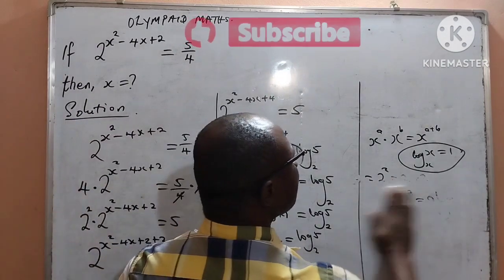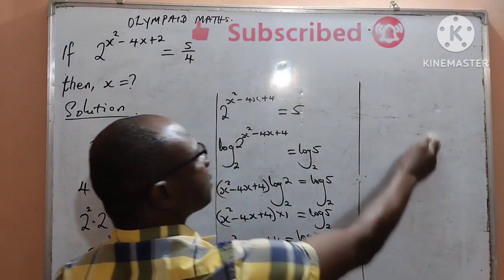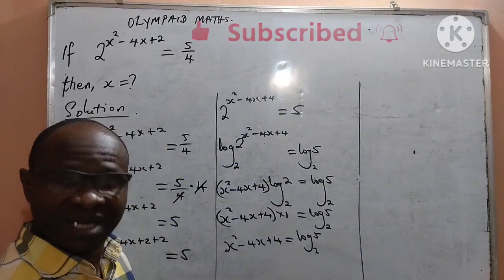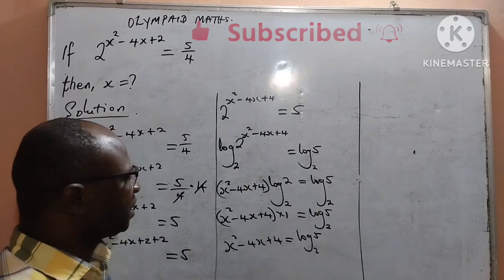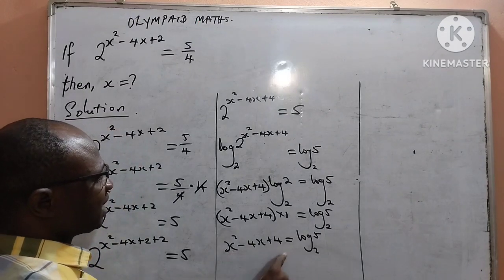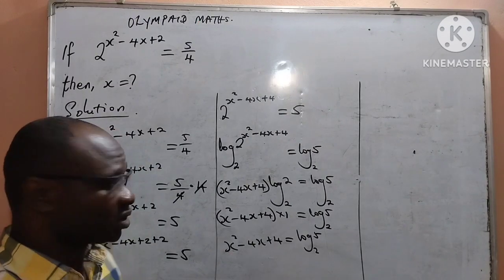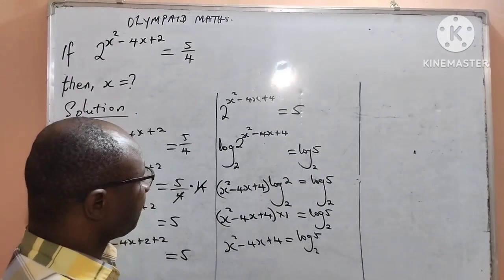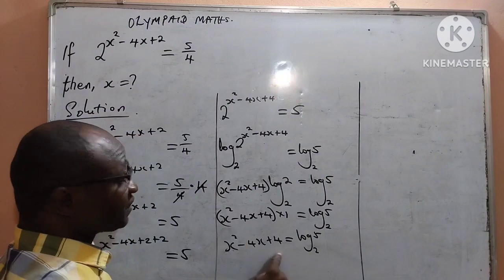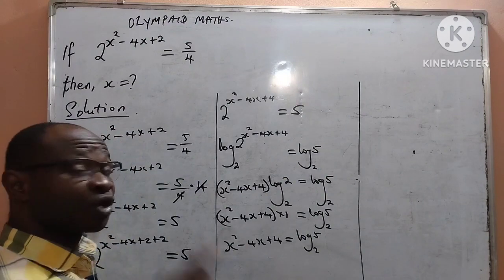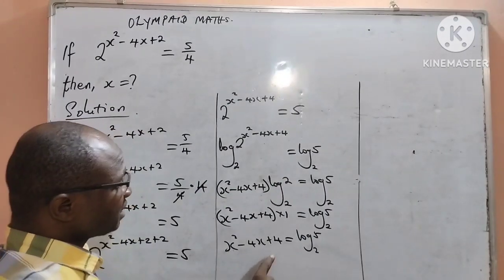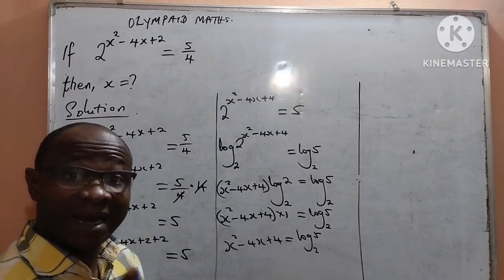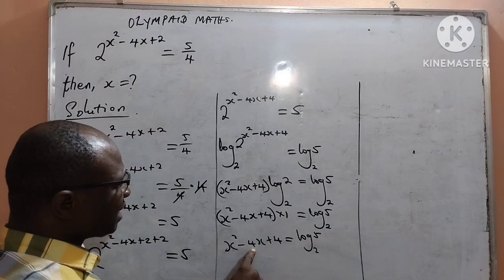Alright, but then if you look very well at the left hand side, you will see and agree with me that what I have on the left hand side is a quadratic equation. So I'm going to use the method of factorization to solve the left hand side. And that means looking for two numbers I can multiply to get plus 4, and when I add those same two numbers, I will get minus 4.